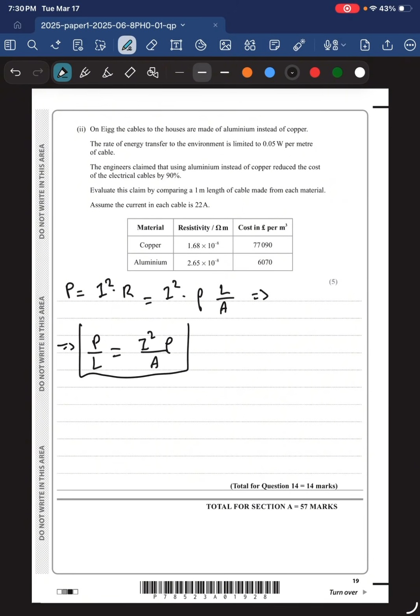Okay, so this is the general formula we will work with. And power per length is 0.05 watts per meter, which is what's given. So let's apply this formula to the two materials.